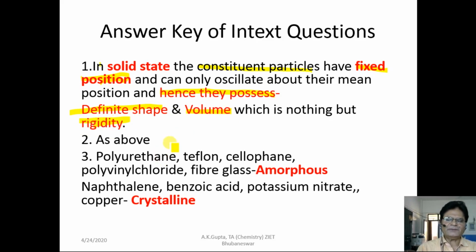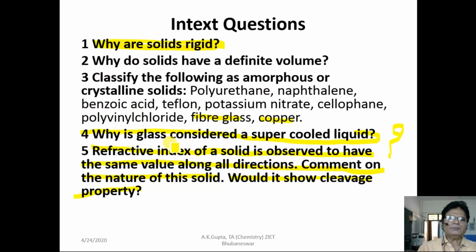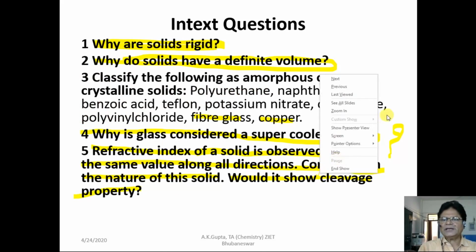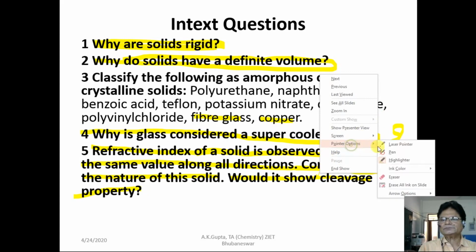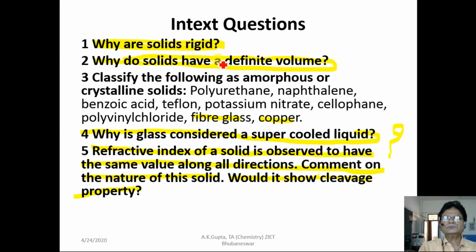Same is the reason for question number 2. Why do solids have a definite volume? So these two questions have the same answer, same reason. For question 3, we have to classify.